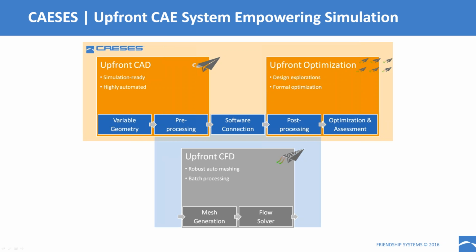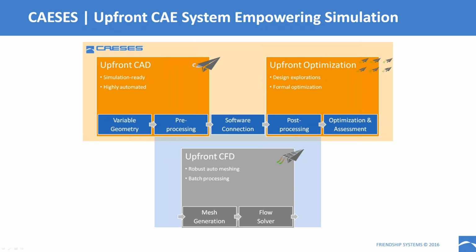But we are working on making a tighter integration between our two systems, so that we hope that in the future, maybe in our next webinar, we will be able to show you how to run SimScale simulations directly from within CAESES.